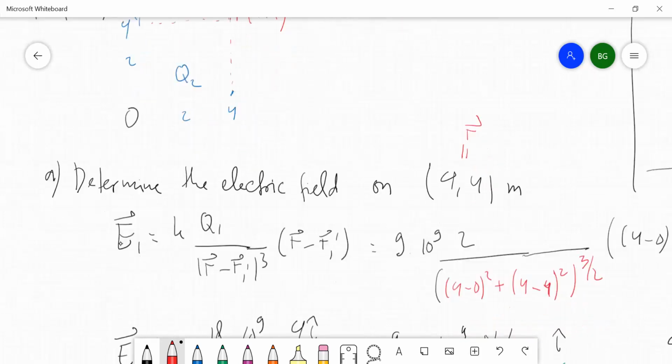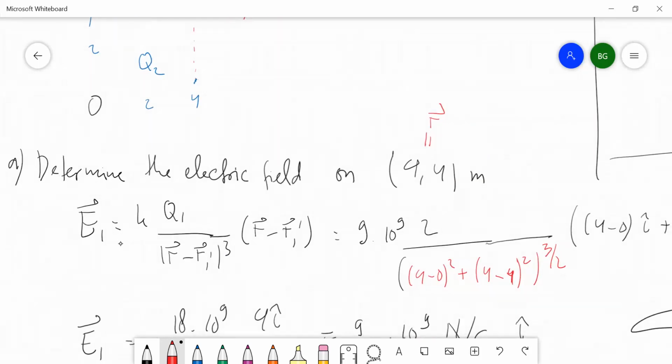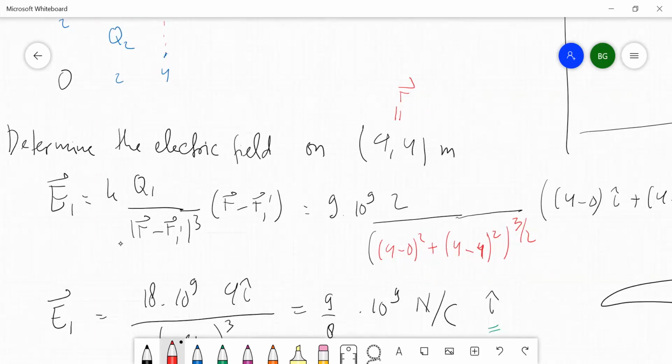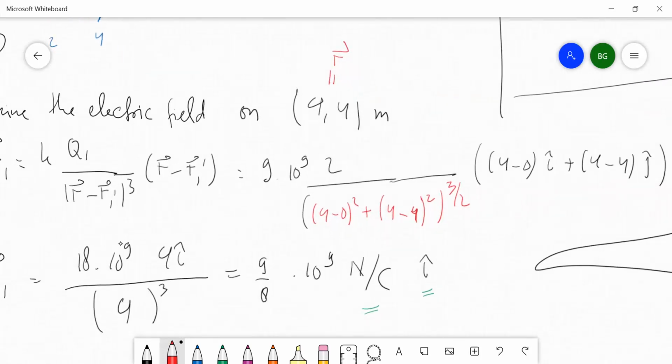So E1 is K times Q1 over the magnitude of the difference R minus R1 prime, to the power 3, times the vector displacement, the difference vector between R and R1 prime. K is around 9 times 10 to the 9.